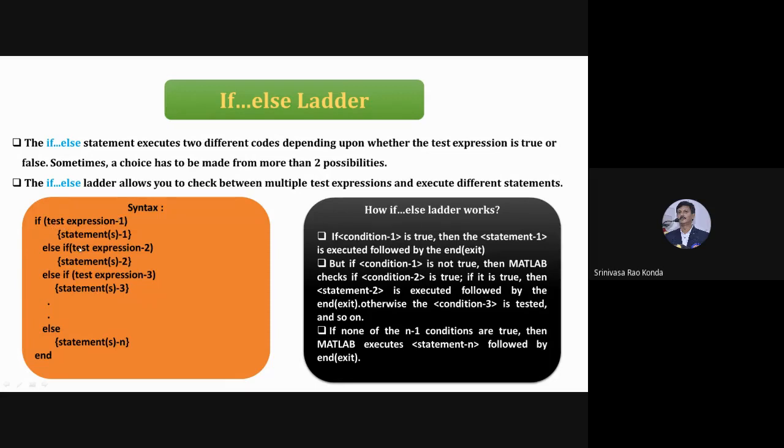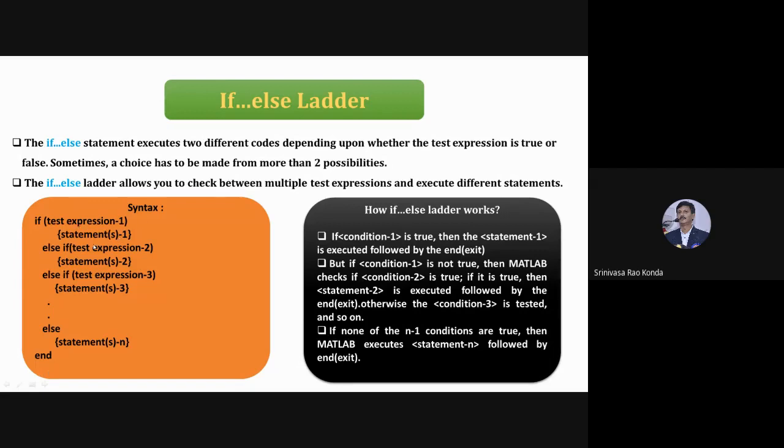Next, this test expression will be tested. If it is true, then these statements will be executed. If the condition is wrong, it will check the next condition. If that is also wrong, then it will check the next expression. Suppose it is correct, these statements will be executed and skipped from the if else ladder.